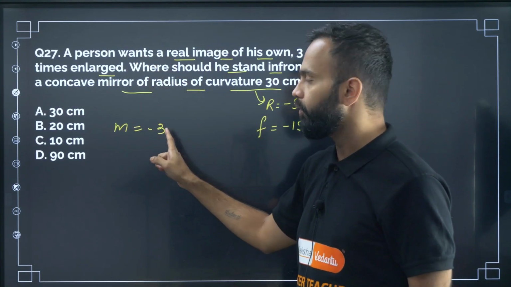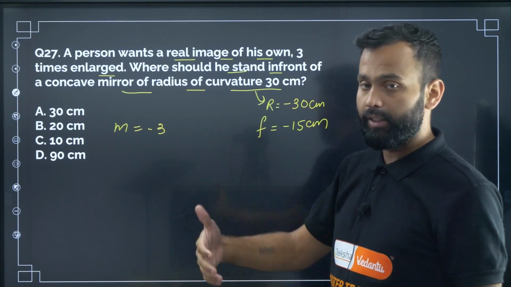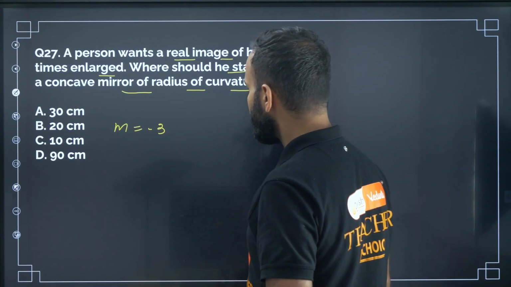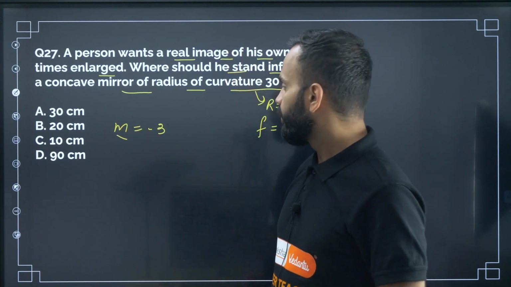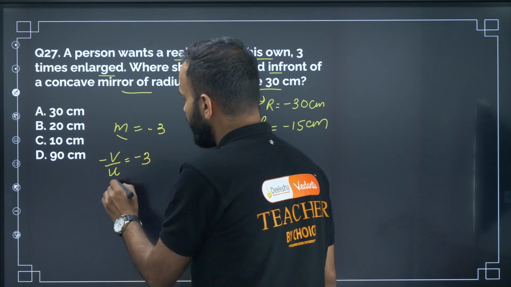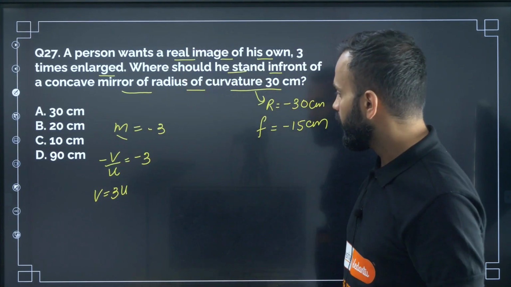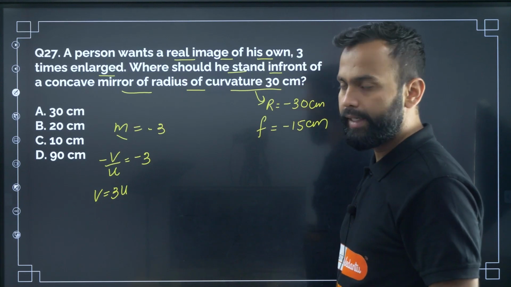So m equal to minus 3. The negative sign represents that the image is inverted. Magnification for a mirror is minus v by u, so v equal to 3u, v equal to 3 into u.